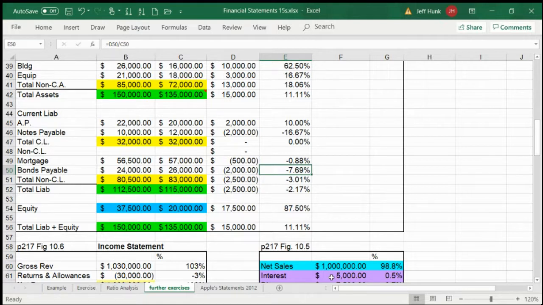So think about it. If the bonds payable decreased, also from the debt management perspective, this is good news because your financial burden, financial distress has decreased, right?